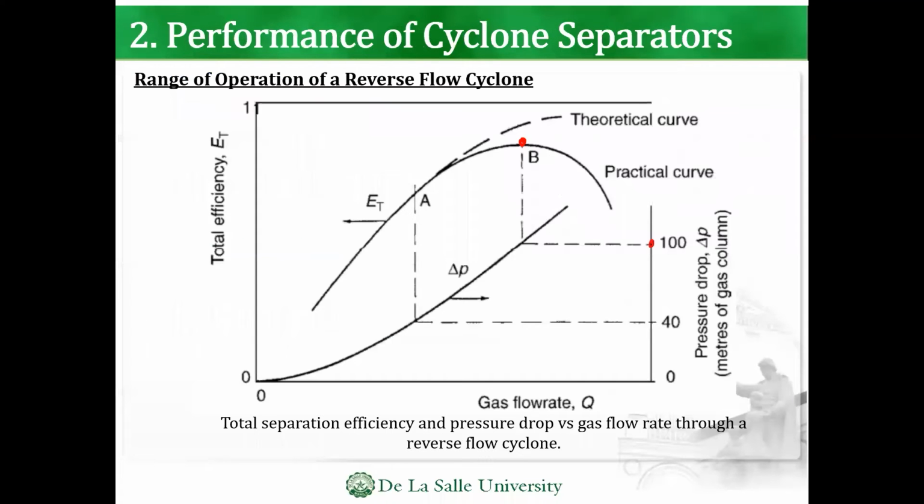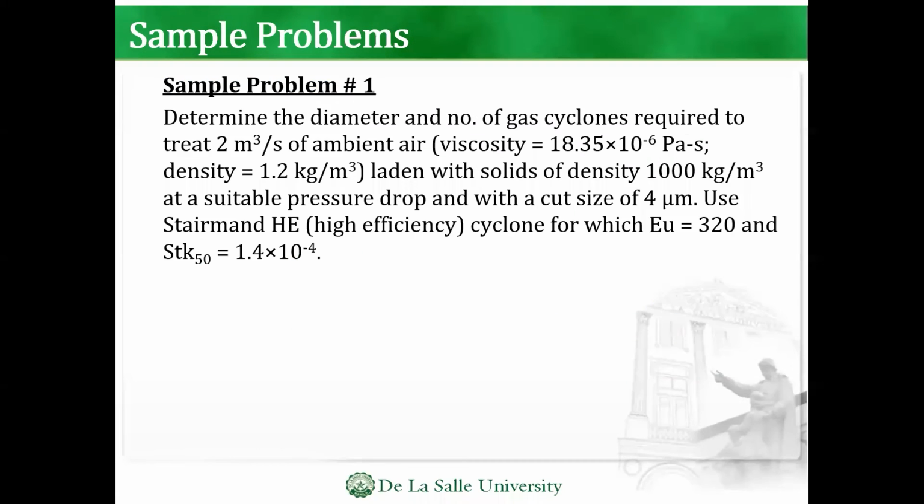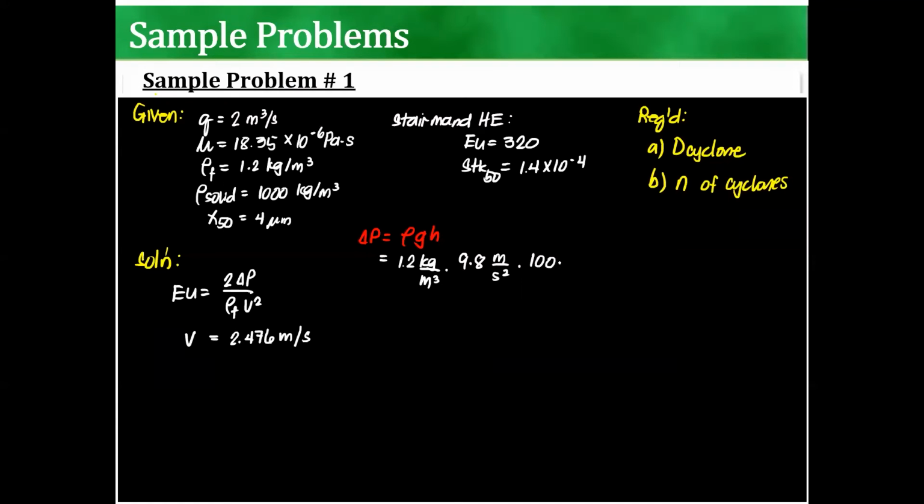Isn't it that earlier, as I said, the highest efficiency happens at 100 meters of column of gas. So this is 1177.2 Pascal. So you have delta P, you have rho F from the top, and you have Eu. So V is 2.476 meters per second.